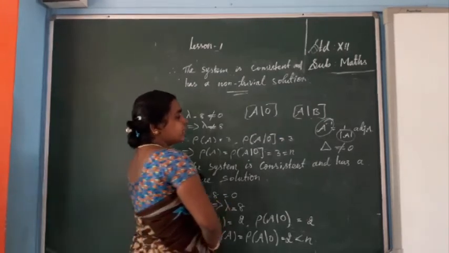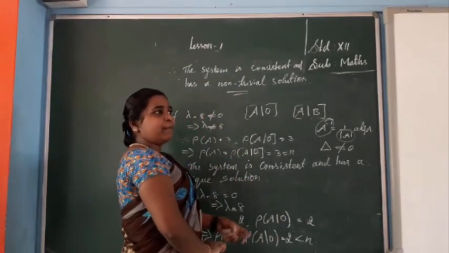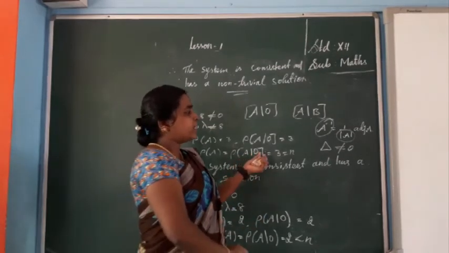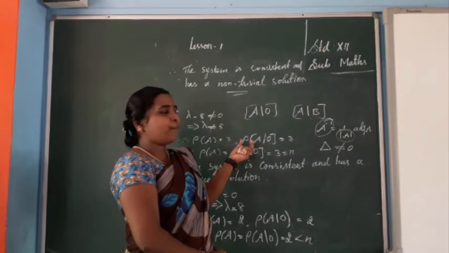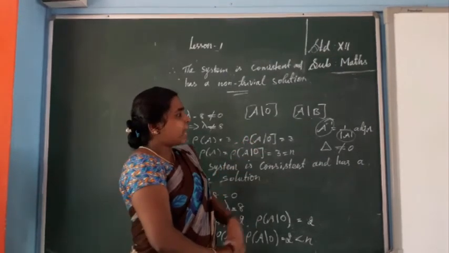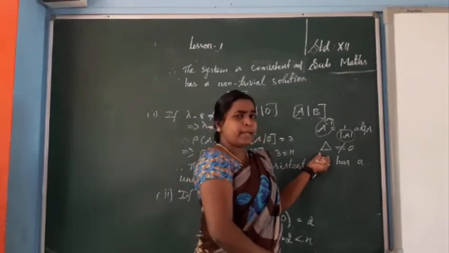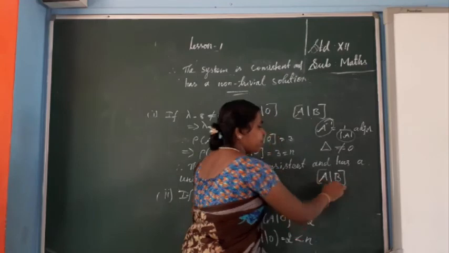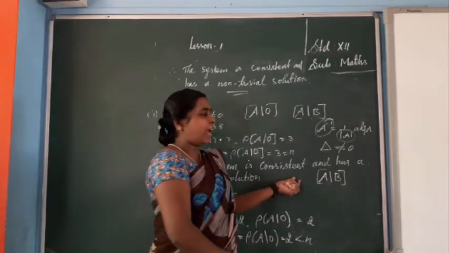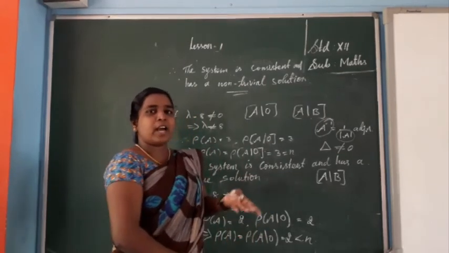Next, the third one, the Gaussian elimination method. In the Gaussian elimination method, first you have to form the equation in the form AX = B. After that, you write the augmented matrix [A|B]. Next, convert [A|B] into Echelon form. After getting the Echelon form, you get 3 equations, or 2 equations, or 1 equation.